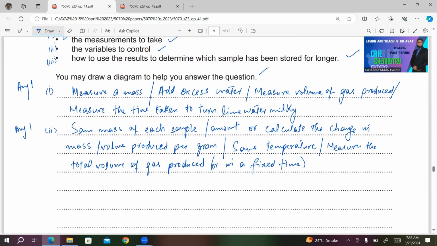Number 3, anyone? That is for the results, using the results.